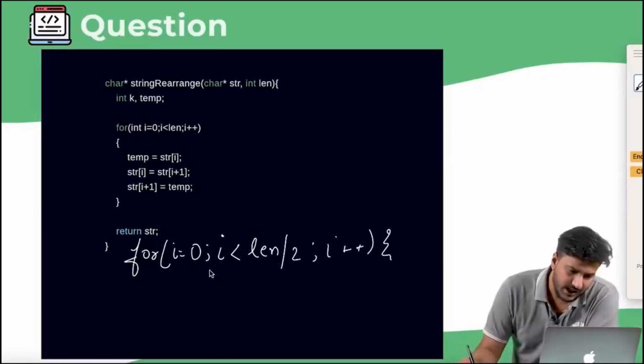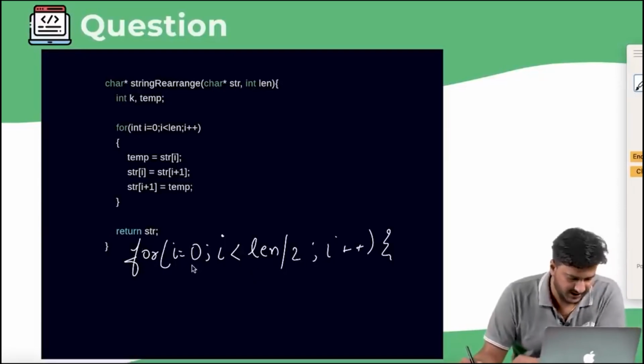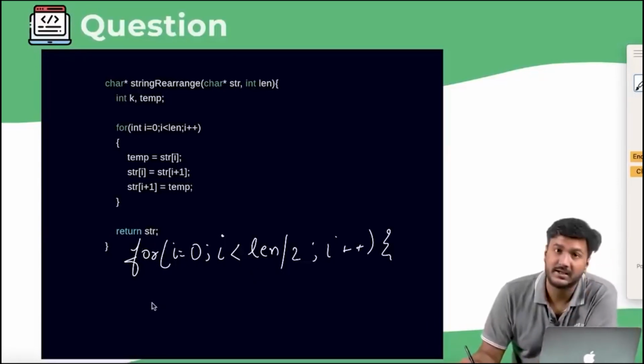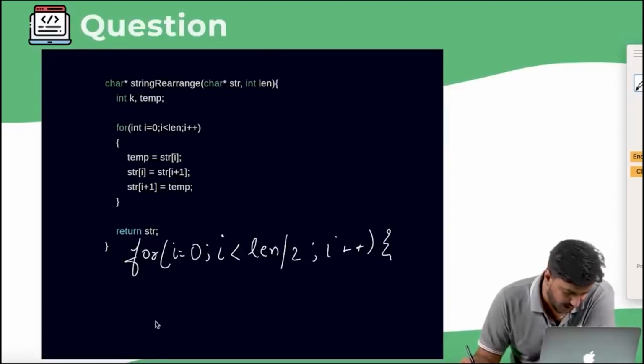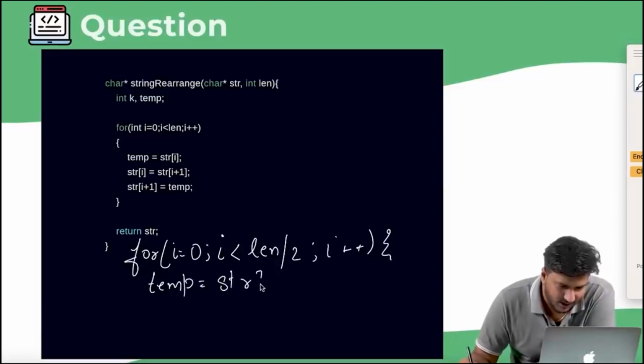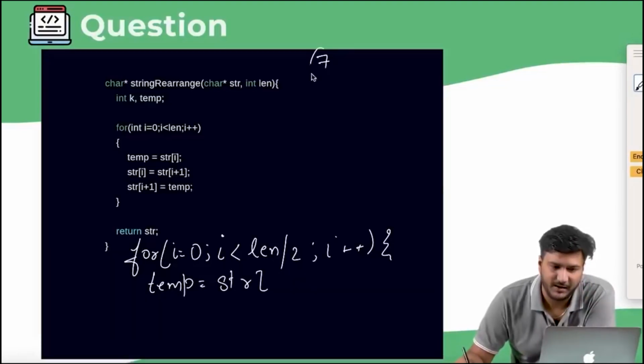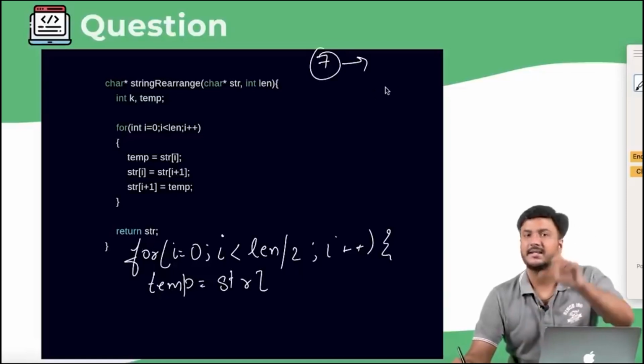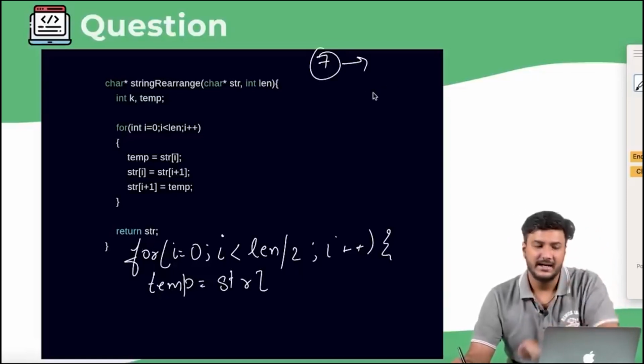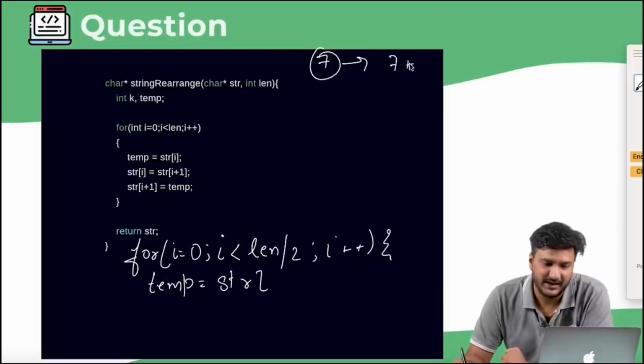Further, in this case I would be swapping. How would I swap? I would say temp equals str of, so let's say if the length is 7, the last character in the array is 7 minus 1. So this is not plus, this is minus 1.